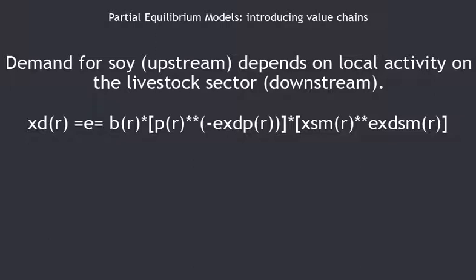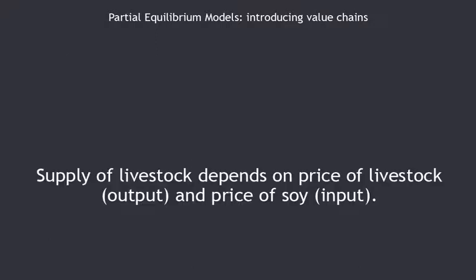The second relation is that the supply in the downstream sector, livestock, depends on the price of livestock. This is the output, so it's the usual relationship, but it also depends on the price of soy, which is the input.